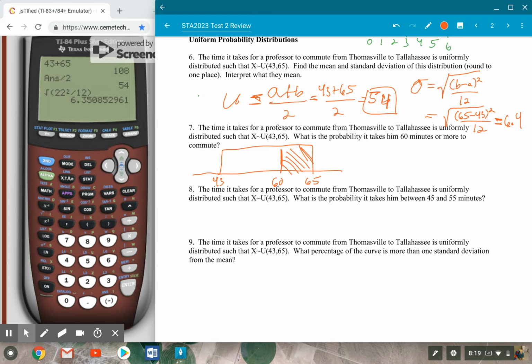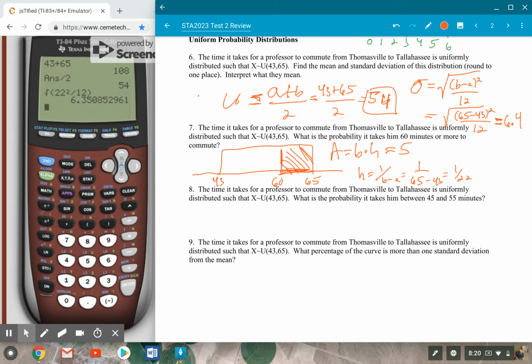The key for probability here is that it's equal to the area. You have a rectangle which has an area of base times height. Your base in this case is a length of 5. From 60 to 65 minutes, that's a gap of 5 minutes. You could just say 65 minus 60. Your height has a formula, which will also be given to you for the test. It's 1 over b minus a. So we're looking at 1 over 65 minus 43.